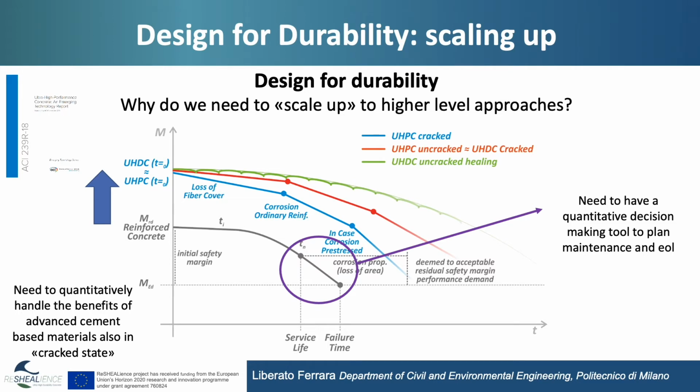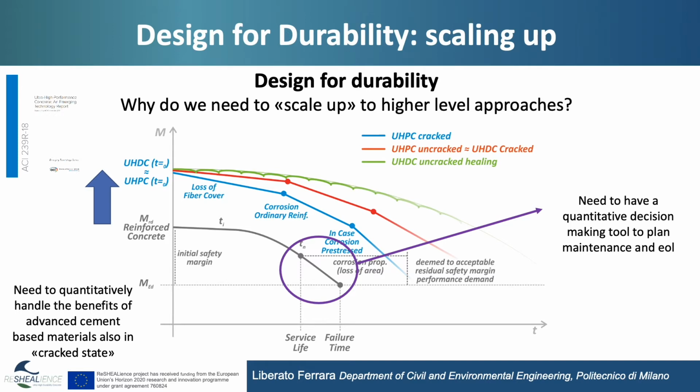Obviously, this is not exactly the failure, because the performance before reaching the failure still have some margin to go farther down and to become exactly equal to the action. Well, actually, in this approach, deemed to satisfy approach, we do not have any quantitative information about the service life.